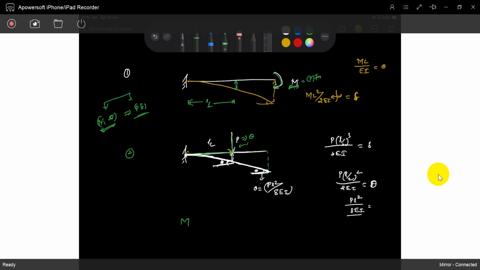So see it: the work done by the P force through the displacement produced by the Q force. What is that displacement? Displacement means rotation because it's a moment.